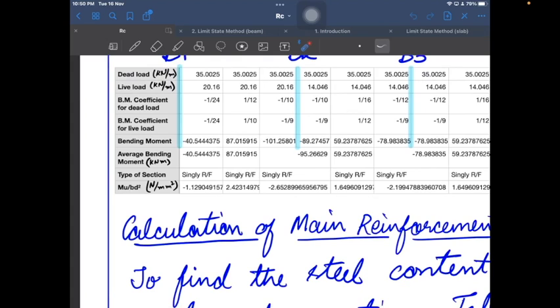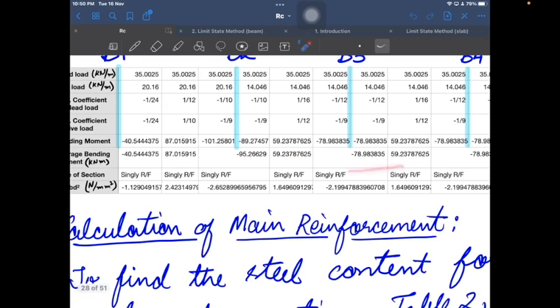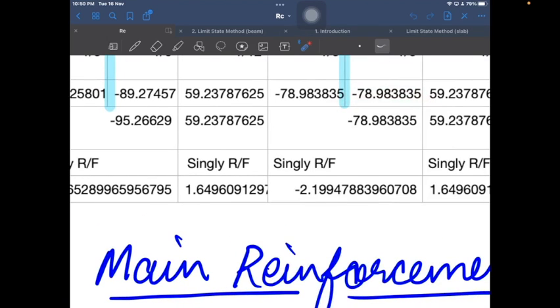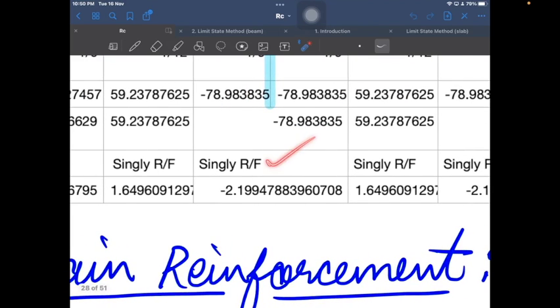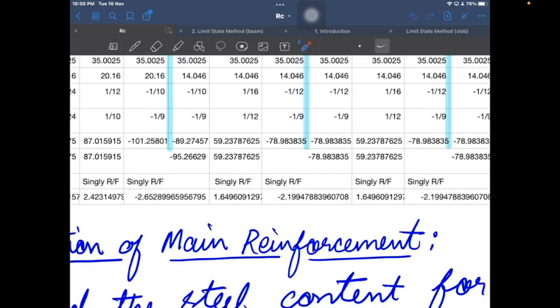So based on these values, if the numerical value, forget the sign, is less than 99.11, for my case it is 99.11.